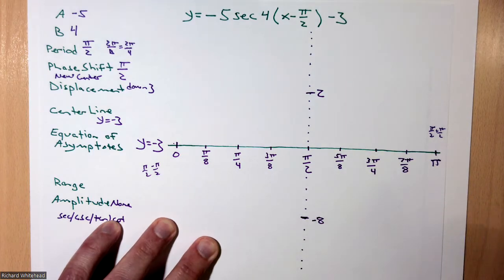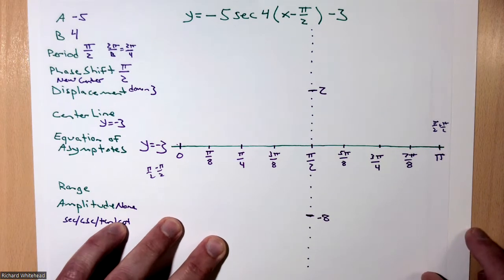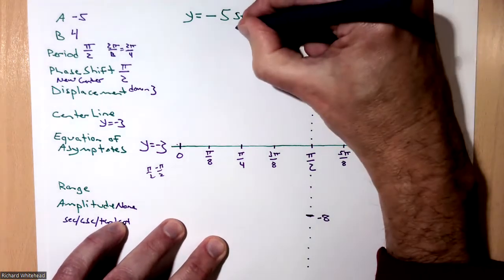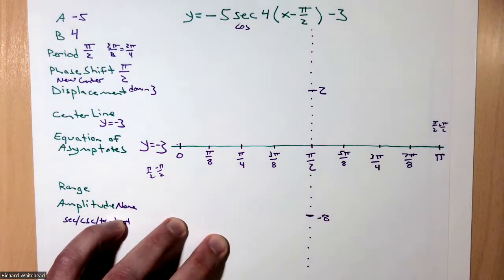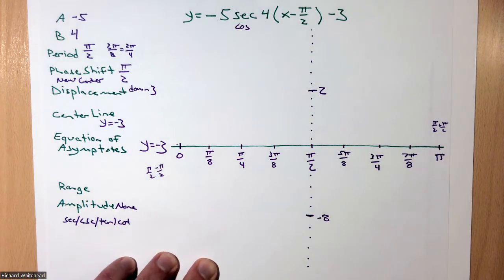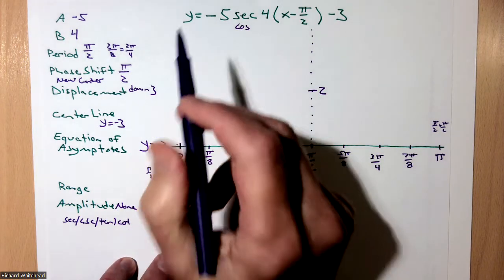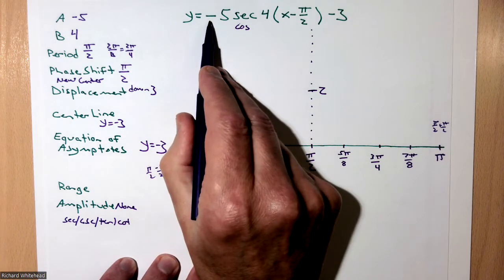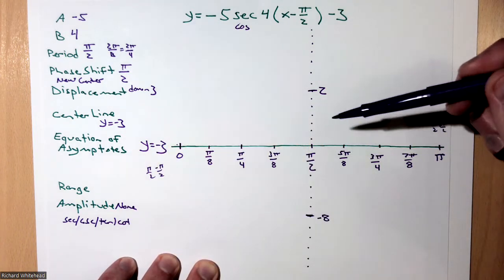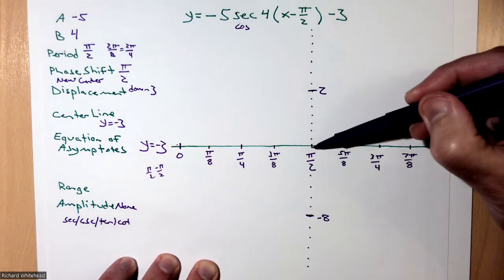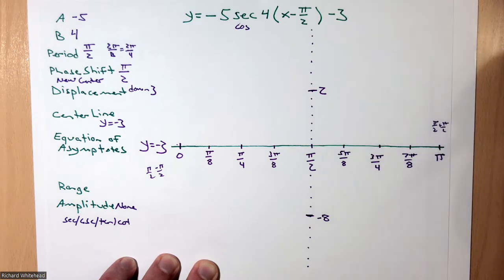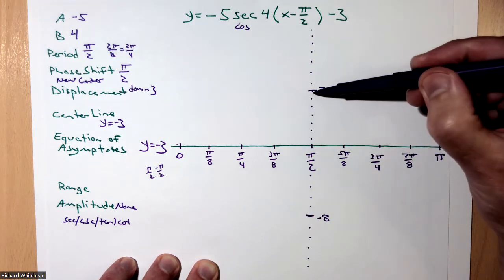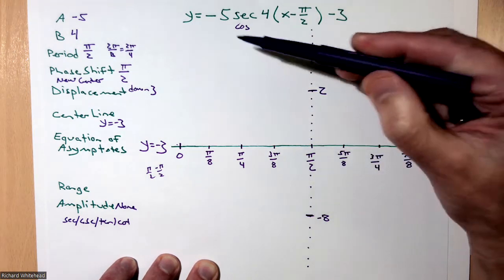Okay. So like we said, we're going to start out by graphing a cosine. We're going to pretend it's cosine. When we do a secant, we pretend it's cosine for a minute. So let me see. Negative cosine. Sine curves always start in the center. Cosine curves either start at the max or the min.